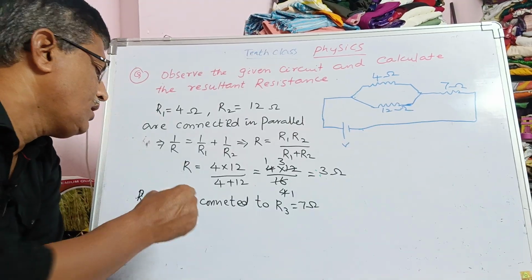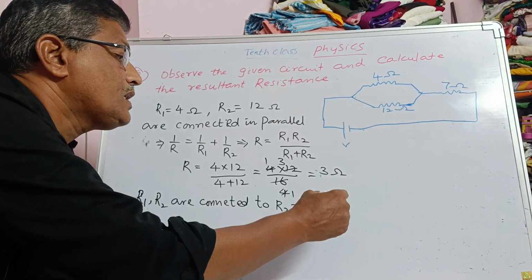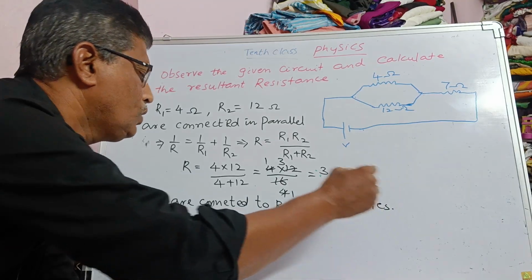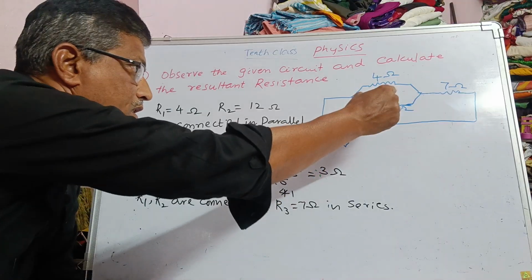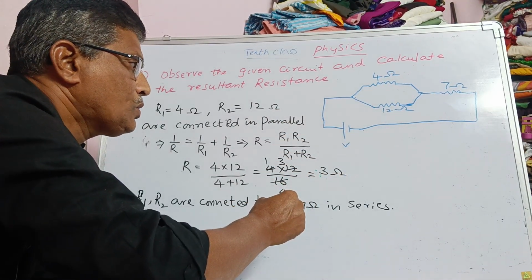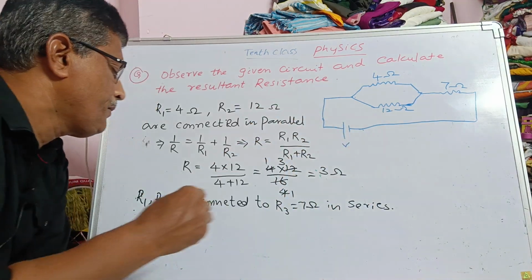R1 and R2, these two resistances, are connected to R3 in series.